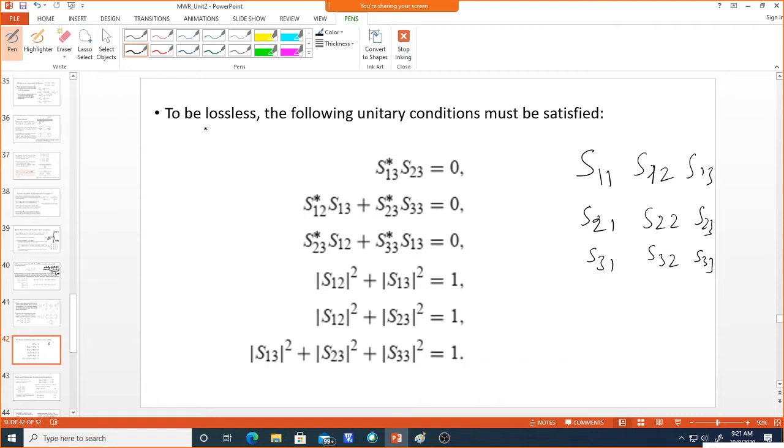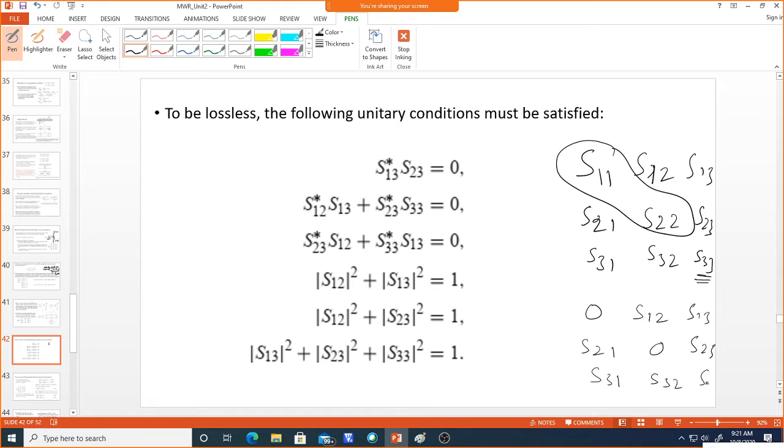So now to achieve the lossless condition, I should not match the port 33. So that's why these two will become 0. Okay. So if these two become 0, what is the matrix? 0, S12, S13, and S21, 0, S23, and similarly S31, S32, and S33.